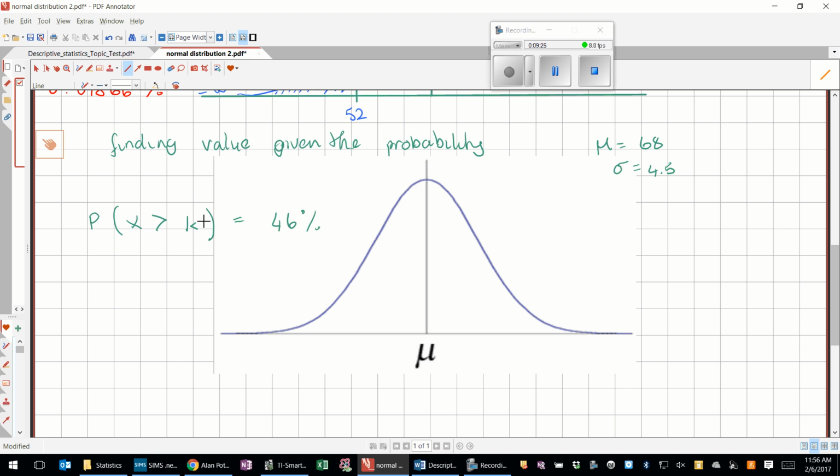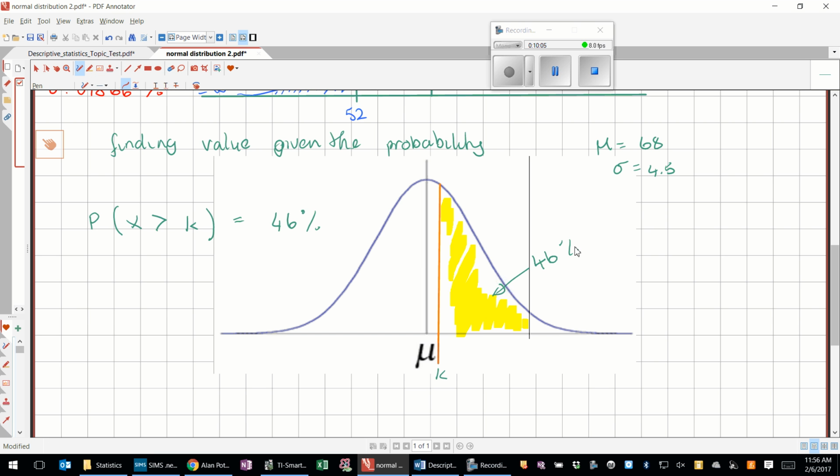To the right, because greater than K is only 46%. Now, the mean represents what? 50%. So I'm going to have a line roughly around here, and I know that that would be K. And then all this area above has to be 46%.